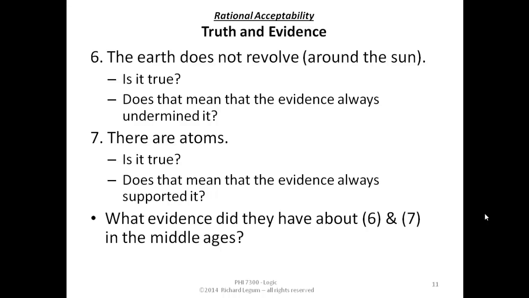So the evidence that they had in the Middle Ages supported the claim that the earth does not revolve around the sun, despite the fact that it was false.